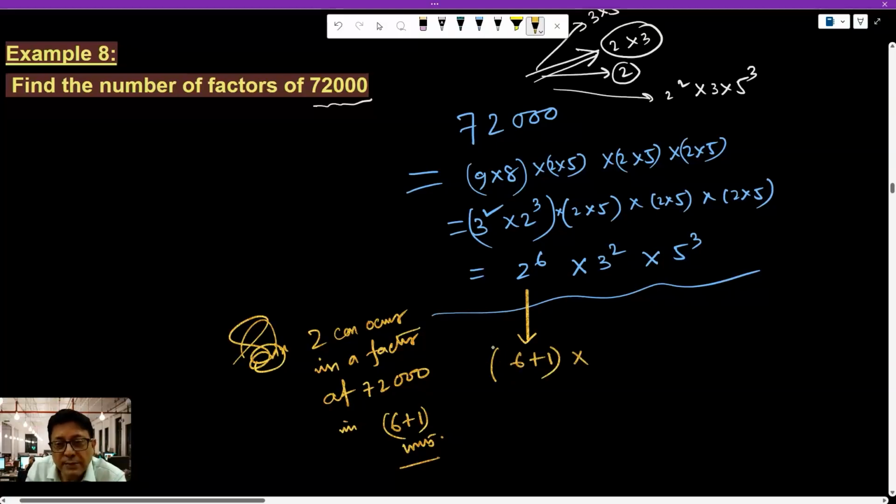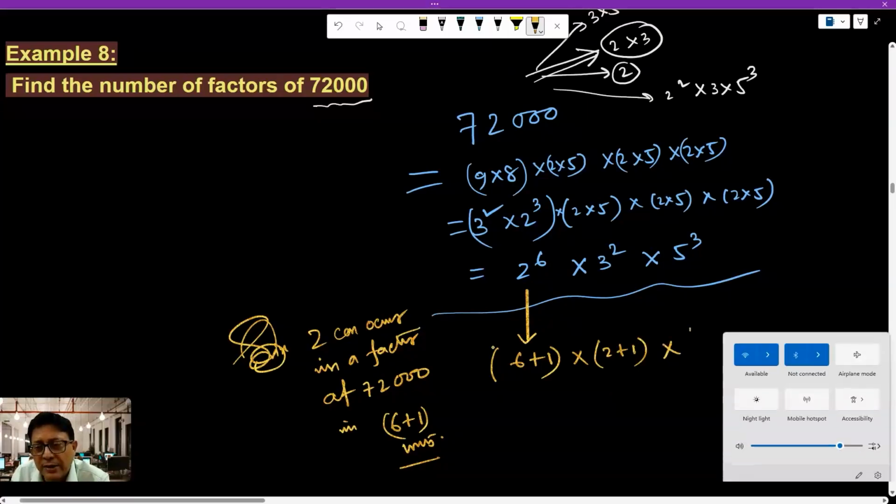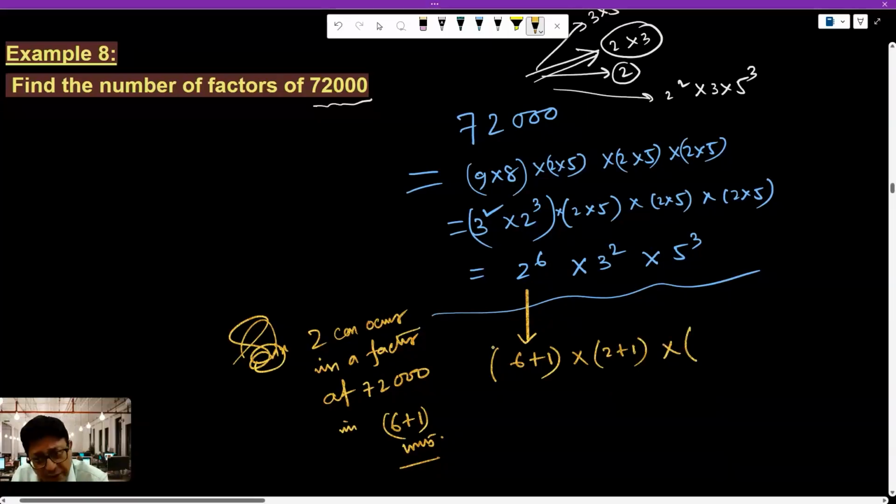How many ways can 3 be done? Either 1 or 2 or none, so 3 can occur in 2 plus 1 ways. How many ways can 5 be done? Once or twice or thrice, in 3 plus 1 ways. So this will be 7 into 3 into 4.